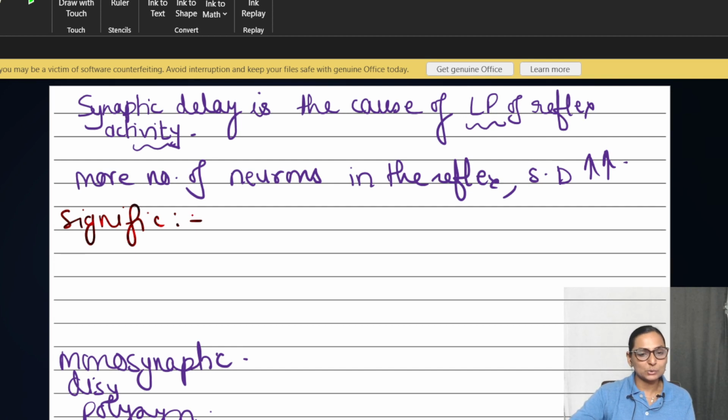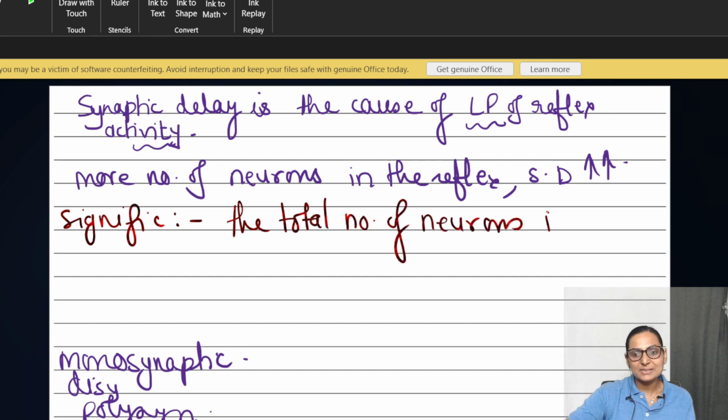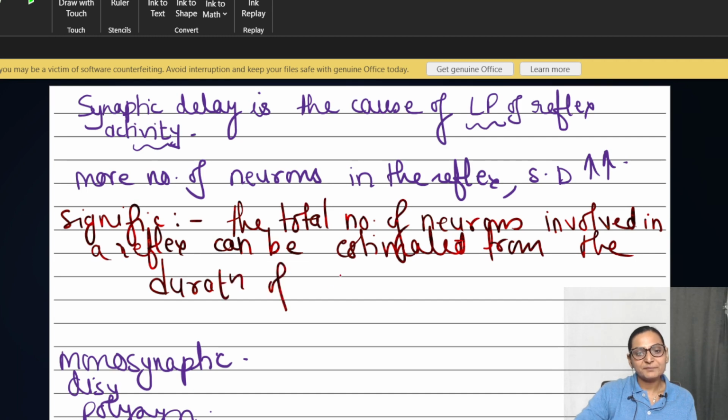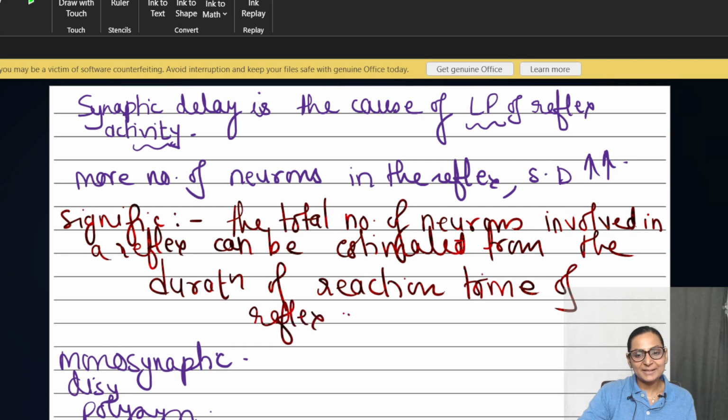तो इसका significance होता है that the total number of neurons involved in a reflex can be estimated from the duration of reaction time of the reflex action.